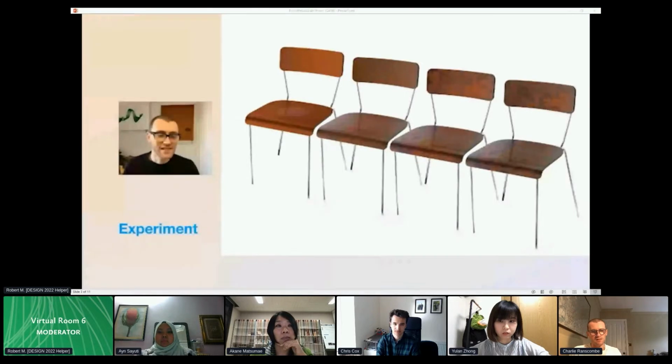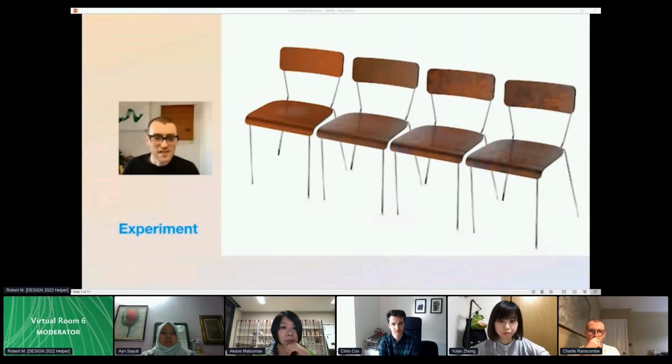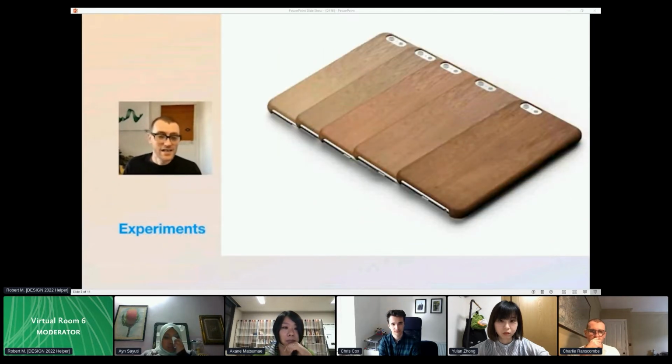So we tested this with an experiment in the form of a survey. We surveyed two classes of products, chairs and phone cases, and we artificially aged them through rendering software. So here is an example of some of the stages of aging of the chair with a copper material applied to it. And here is the example of the phone cases with timber material applied.